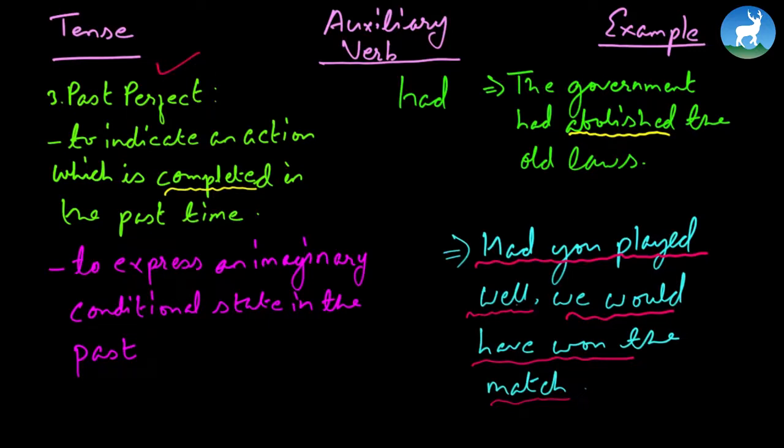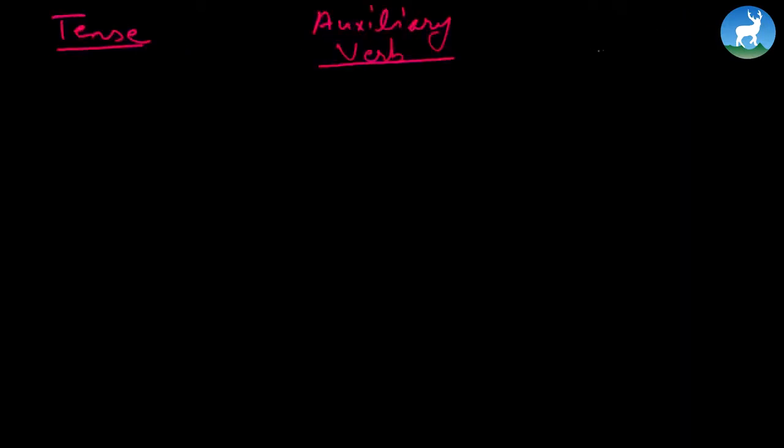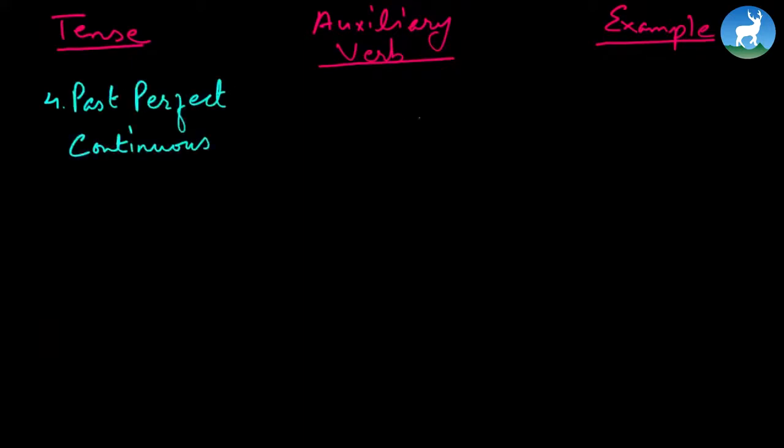Okay, now let's move further. And finally, we have tense again, auxiliary verb, and of course, example. This is number 4, which we call past perfect continuous. And remember what I said, whenever you see continuous, there's always the ing form of the verb.